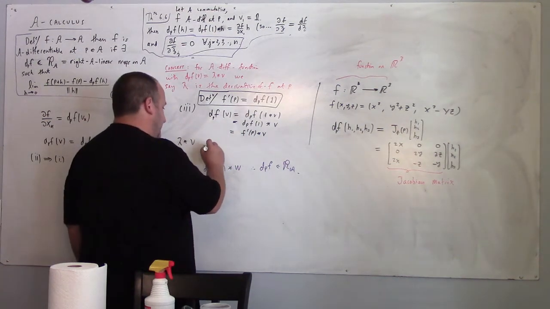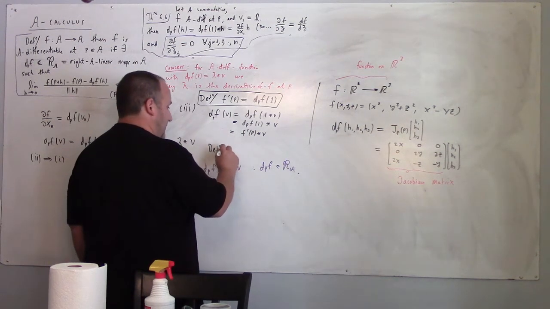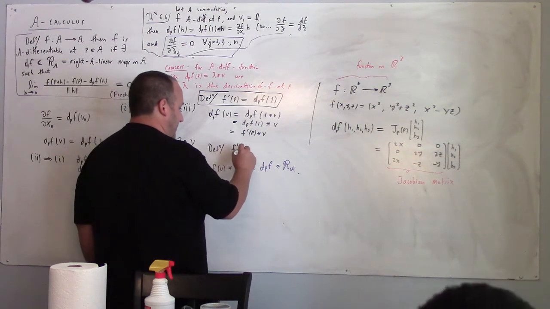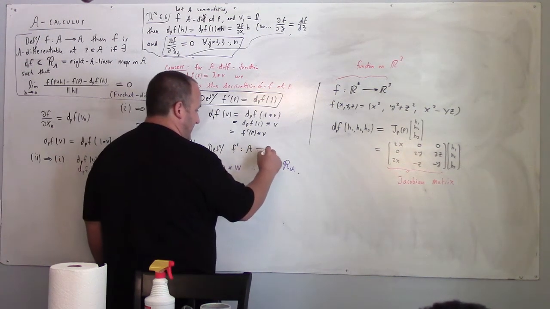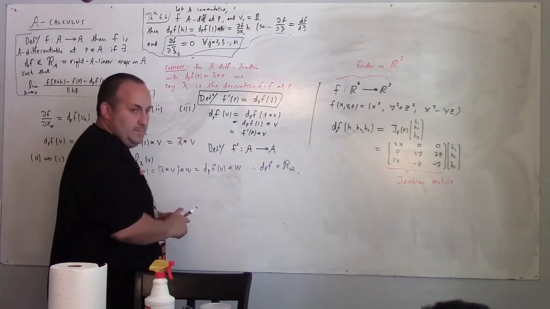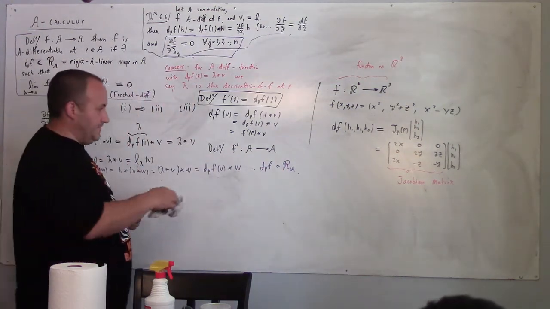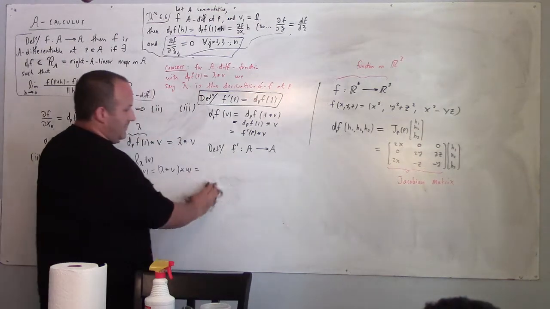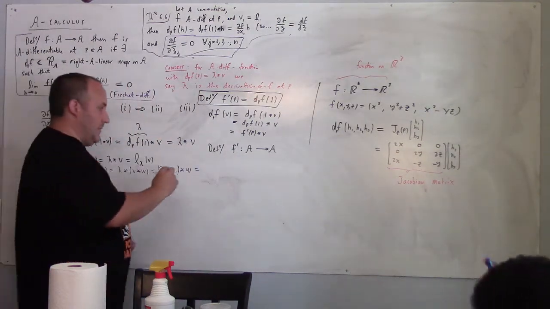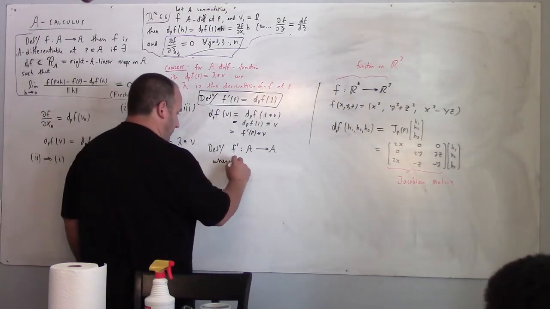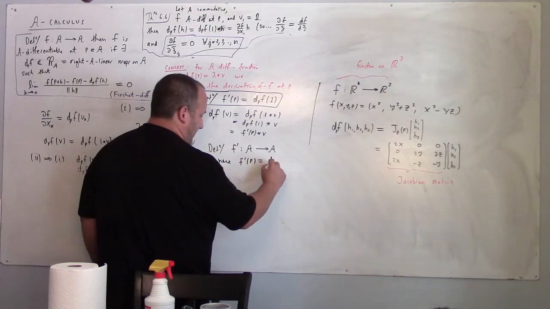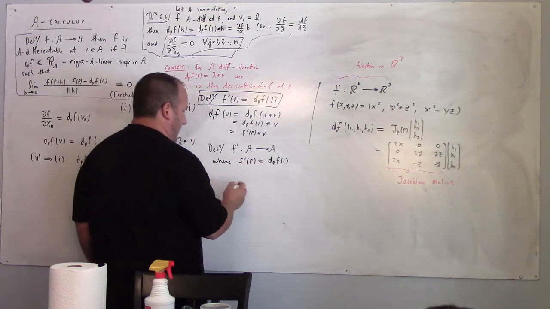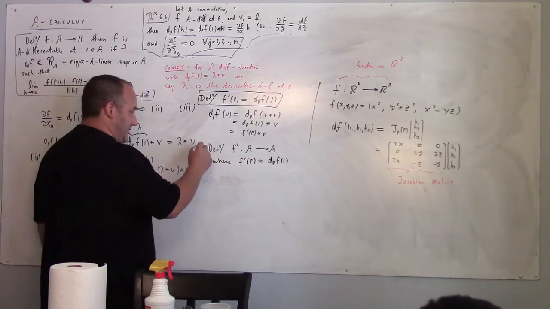In other words, by definition, f prime is again a function from the algebra to the algebra, where f prime of p is just equal to dpf of 1, for all such p in the domain of f.